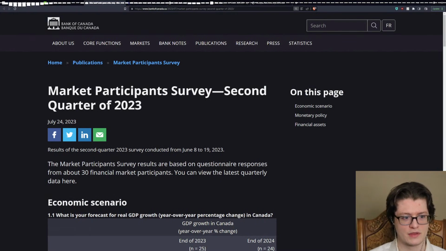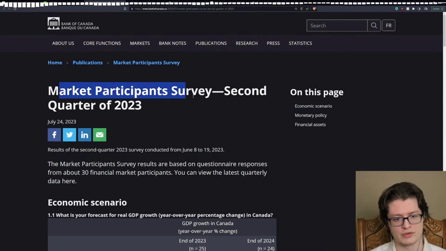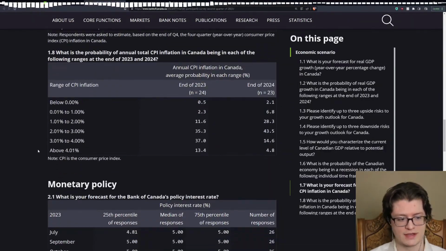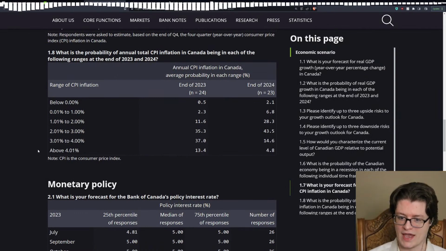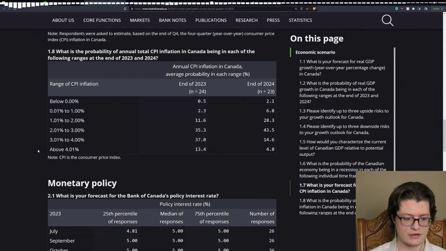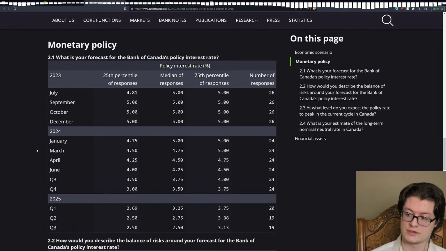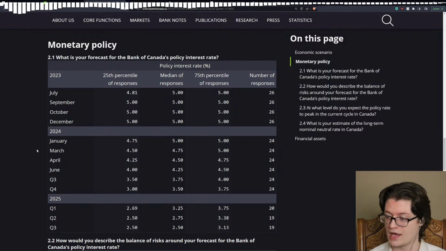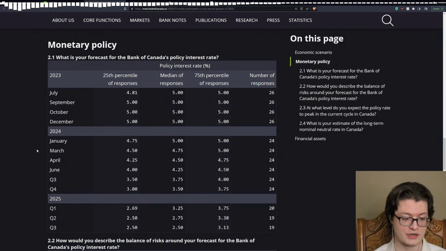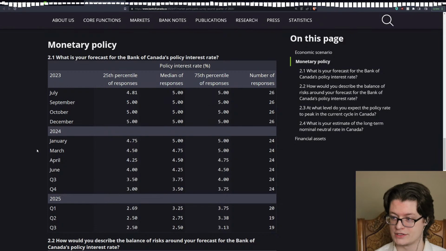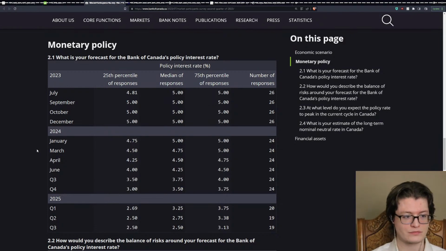This thing here is Canada, the BOC, Market Participant Survey second quarter of 2023. This is important to read because this is effectively the Bank of Canada, the Canadian Central Bank, going out and asking big banks and institutions, hey, what do you think's going to happen to these major macroeconomic indicators in the economy over the next year, quarter by quarter?